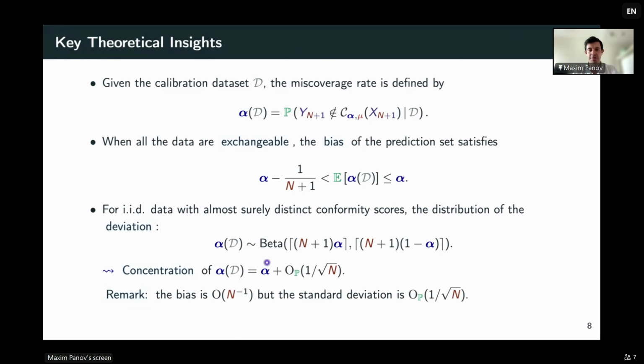The distribution of the miscoverage itself will be a beta distribution with the following parameters, which means that the empirical miscoverage will be a random variable concentrated near the true miscoverage rate with a remainder term of the order 1 over square root of n. So to reinforce, we have this nice bias of the order 1 over n, but the standard deviation is of the order 1 over square root of n. So there's no free lunch and no contradiction with classical statistical results here.